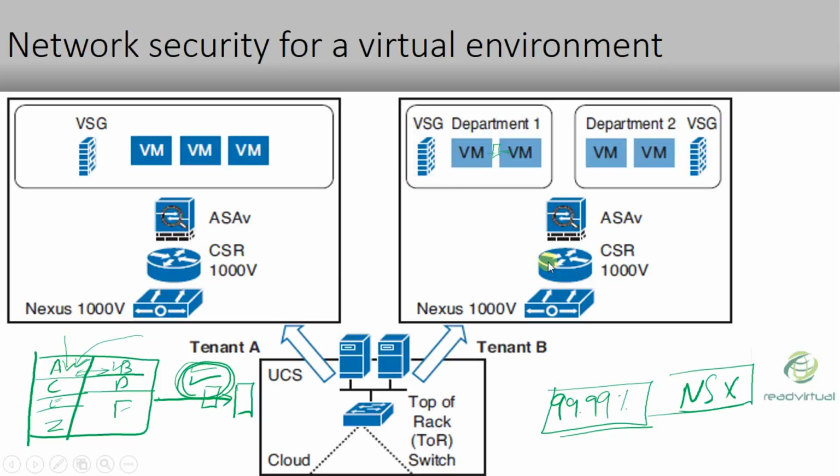But we can also use the ASA. We also have ASA virtual, virtual ASA. Virtual ASA gives us the features, and we can virtualize our firewalls for a virtual environment. So that can give security to the virtual zones, or the virtual area network.